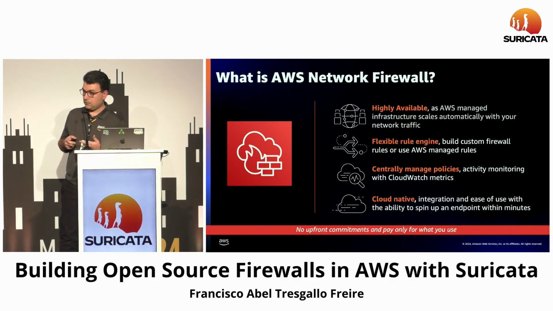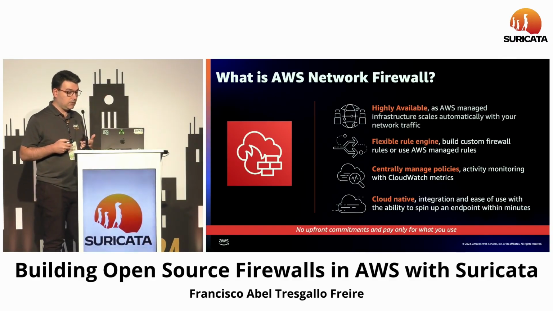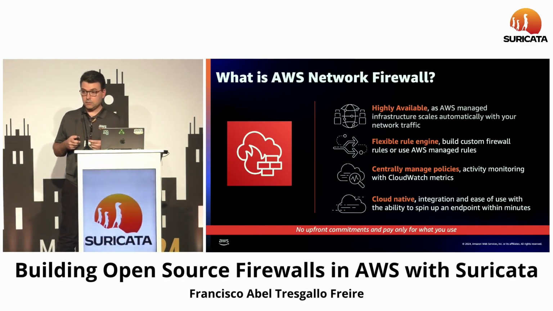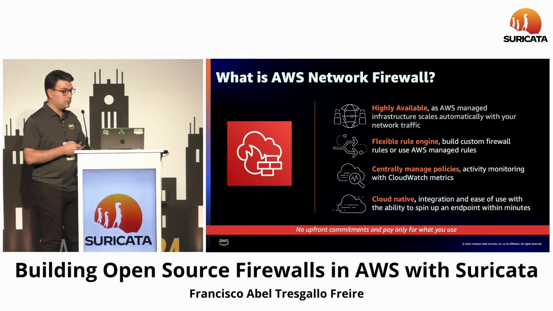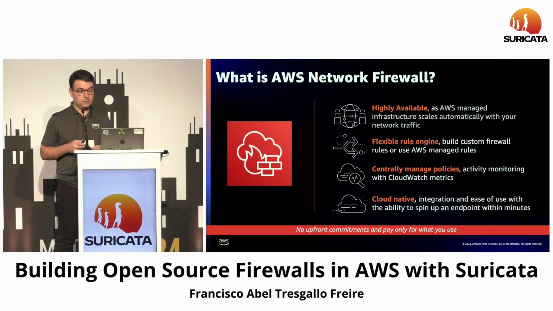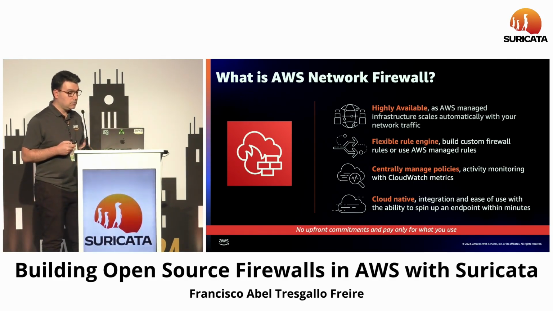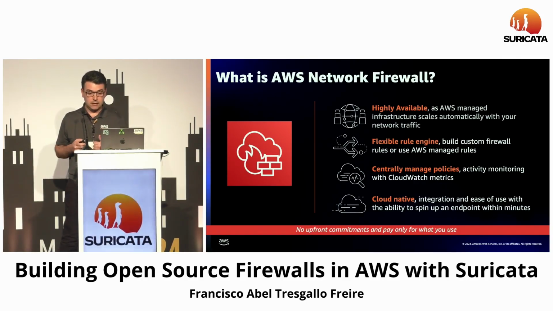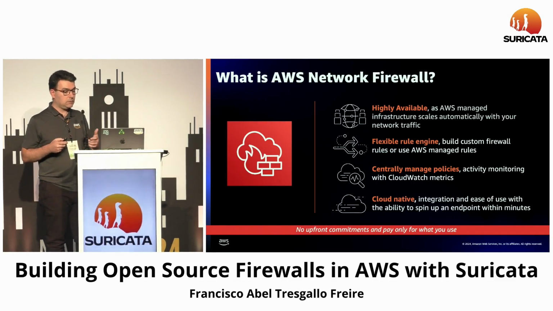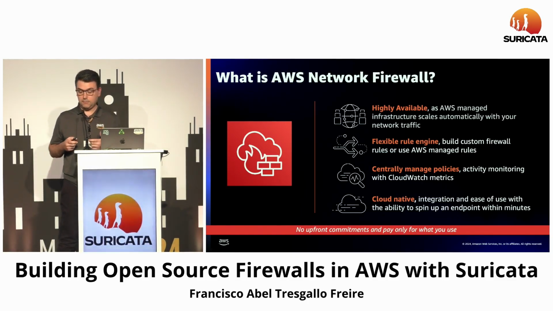Another interesting topic for the Network Firewall is the rule engine. You can combine the AWS managed rules with your own customer-specific protection rules based on Suricata. And regarding the design, we see that customers use the Network Firewall in different ways.